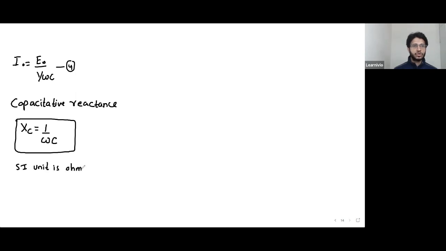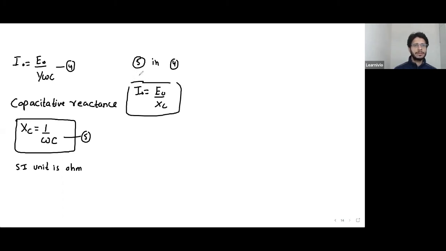I call this equation 5. I can substitute 5 in 4. If I substitute 5 in 4, your I naught comes out to be E naught by Xc. So this is basically the obstruction offered by the capacitor.